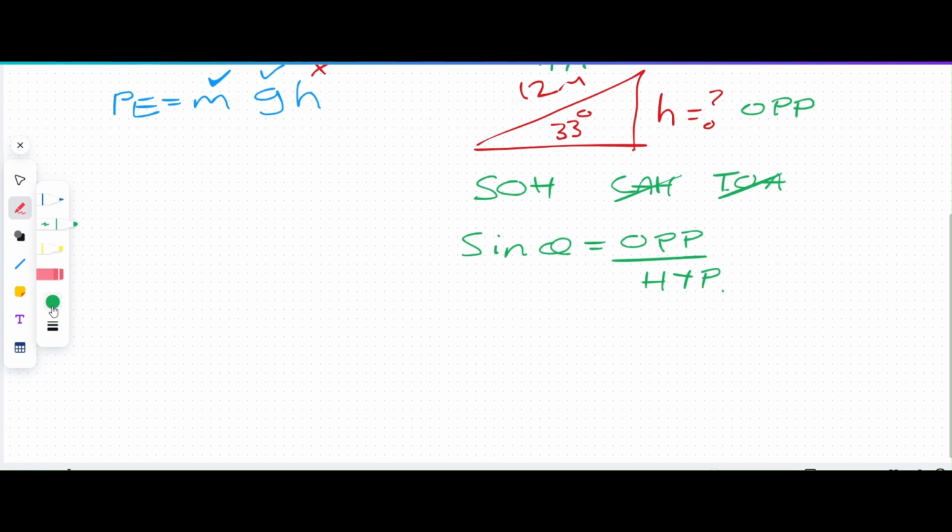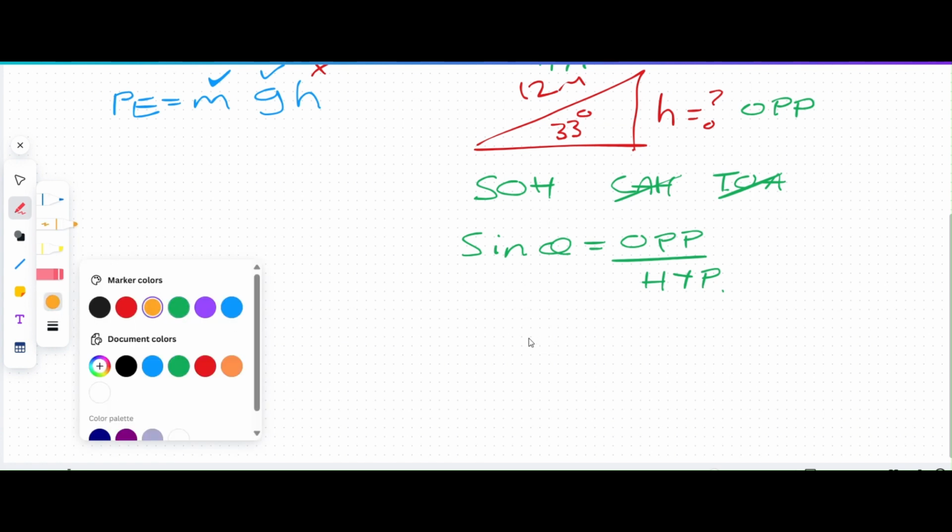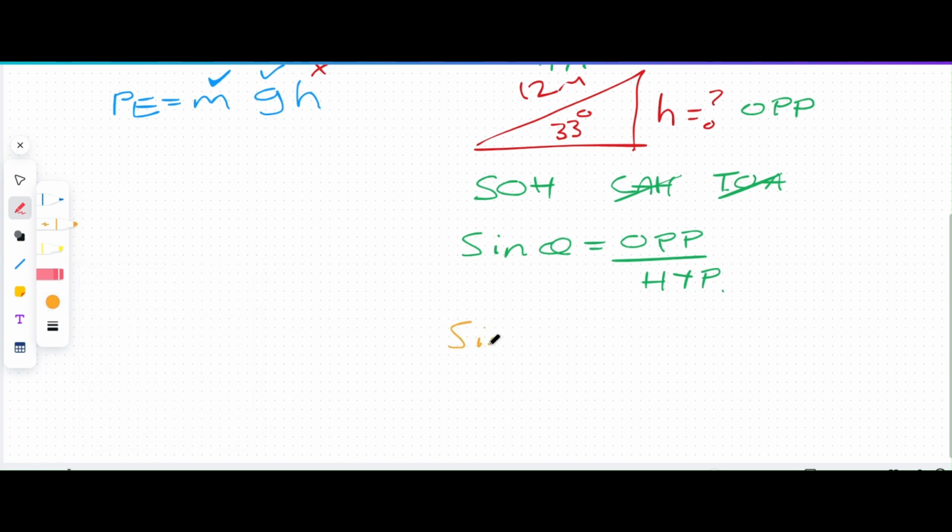We know the angle, don't we? The angle is 33, so sine 33 equals the opposite, which we don't know. Okay, so the opposite really is the height, isn't it? So we need to find that, divided by the hypotenuse, which is 12. Okay, don't get these two H's mistaken.